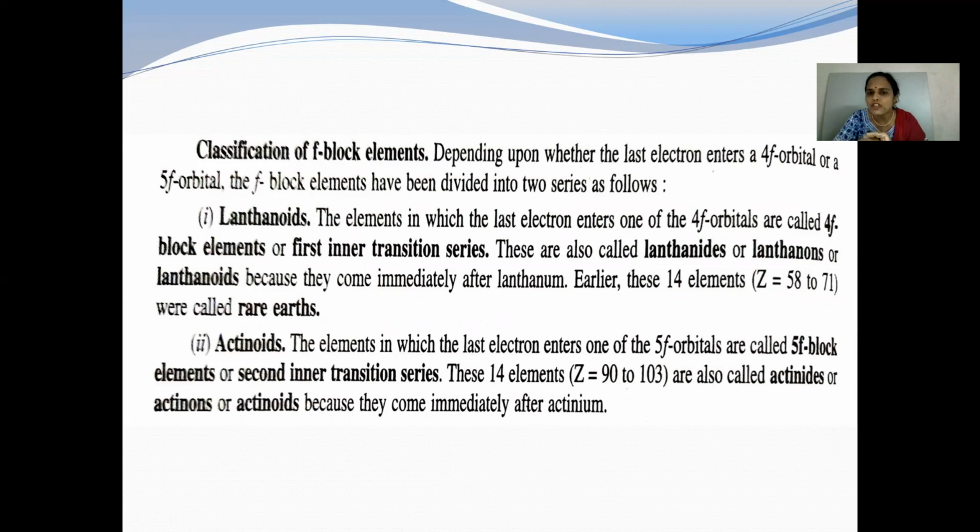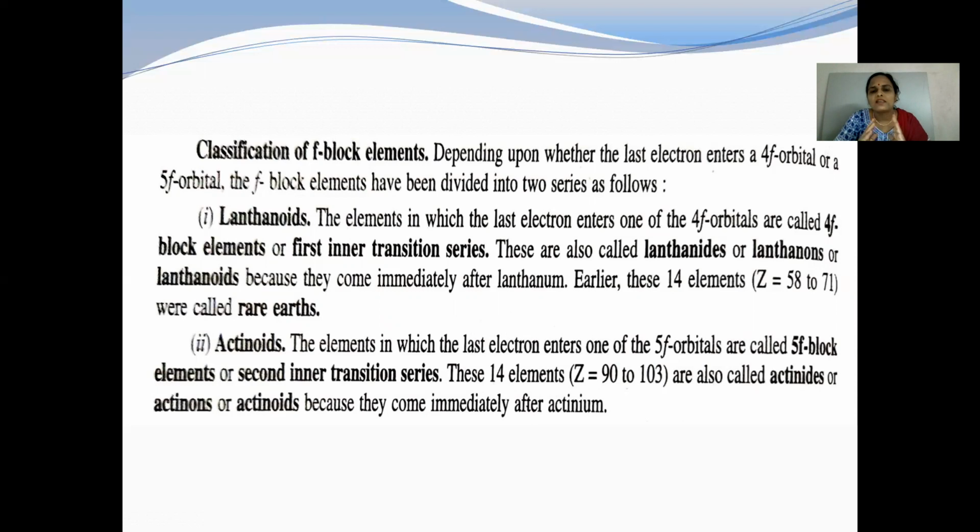The elements in which the last electron enters one of the 4f orbitals are called lanthanoids because they come immediately after lanthanum, and there are 14 elements with atomic number 58 to 71, and these are also called rare earth elements.